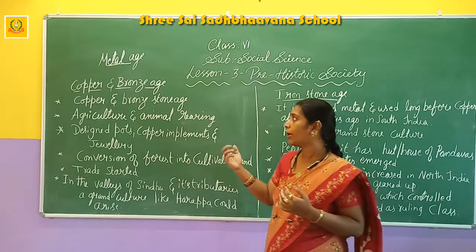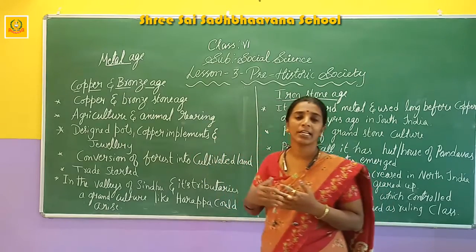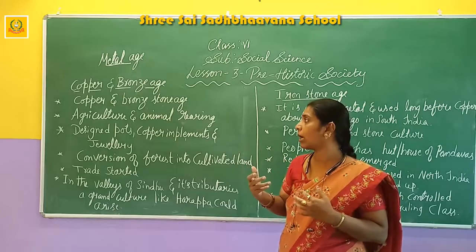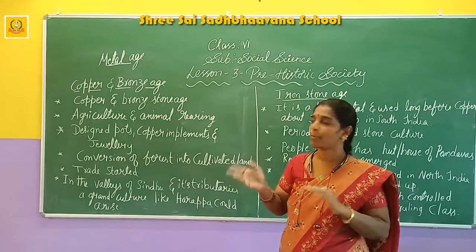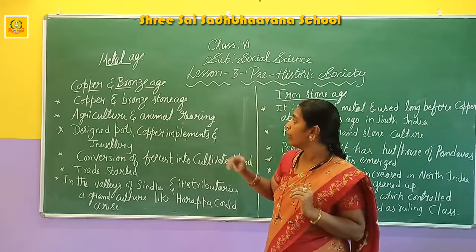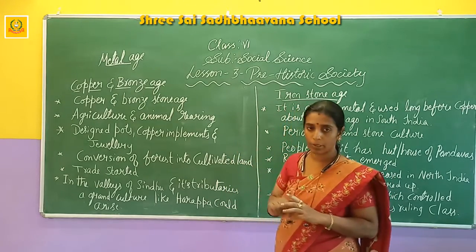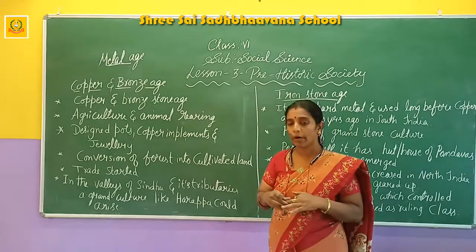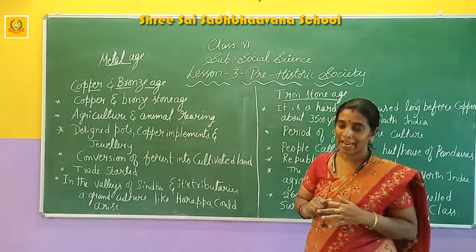Bronze is harder than copper because it is an alloy created by a mixture of tin and copper. When they started to use bronze implements or tools, it helped them to convert the forest into cultivated land.